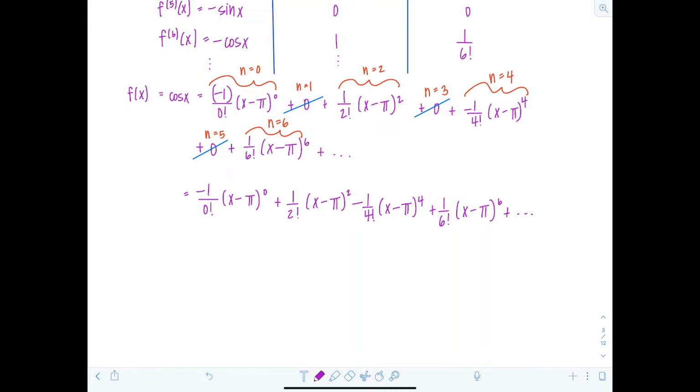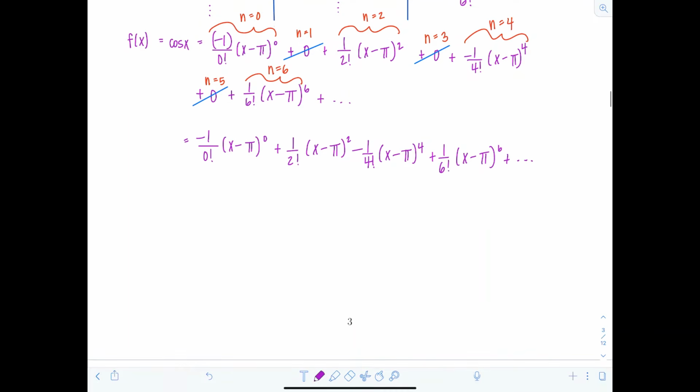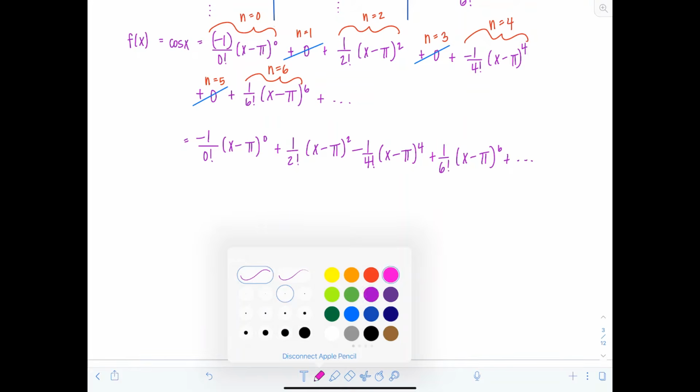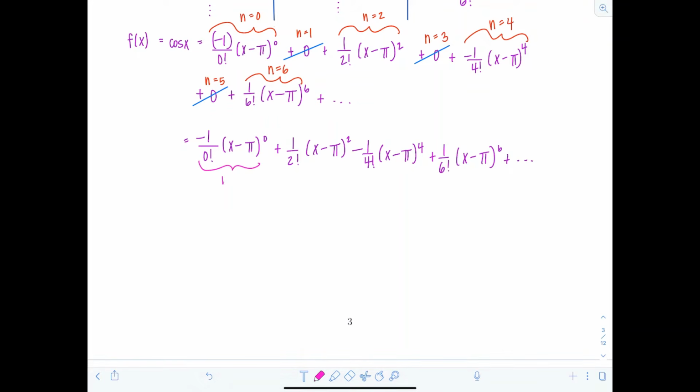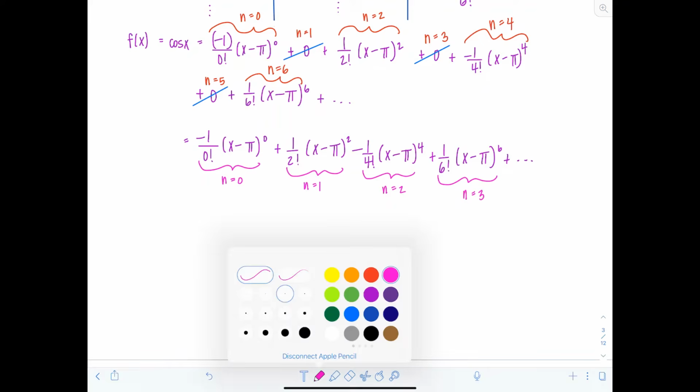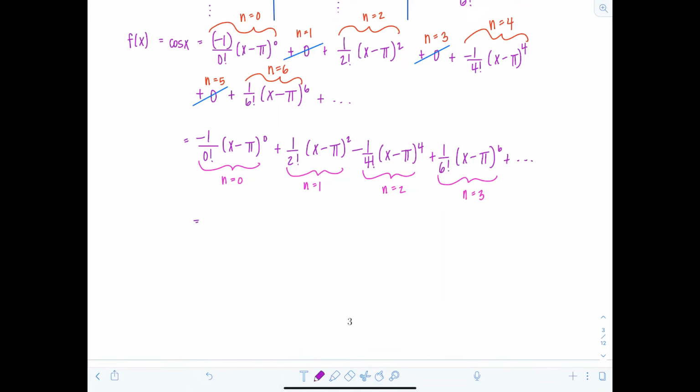So now I want you to think of this as your new series, okay? And we could start writing it in summation notation nicely if I start at 0, right? And then this would be where n is 1, n is 2, n is 3. So I would write that as the sum, n equals 0 to infinity.